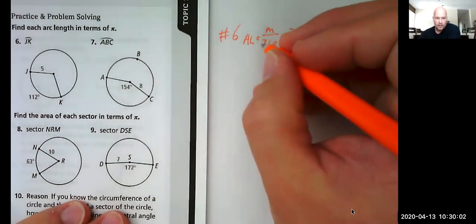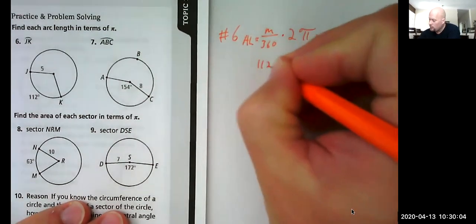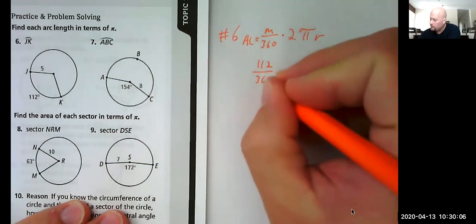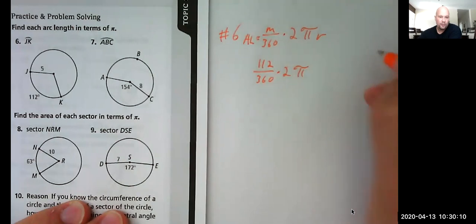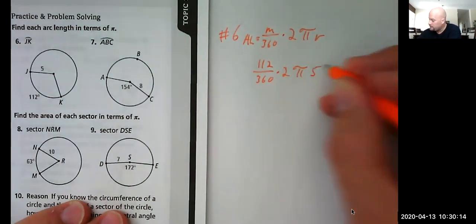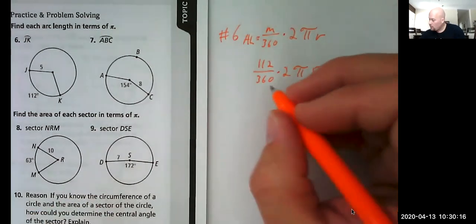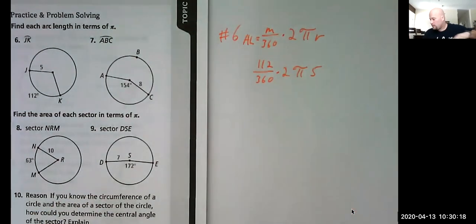So we have 112 out of 360 times 2 pi, and the radius on here was 5. So now we have 112 over 360.